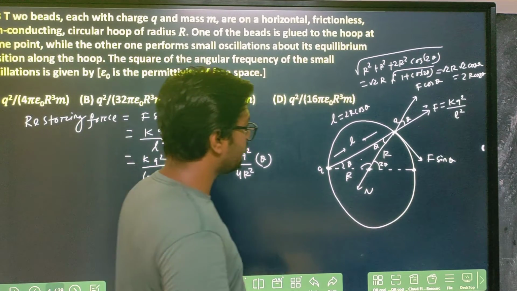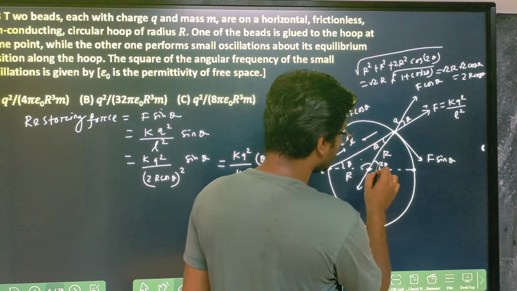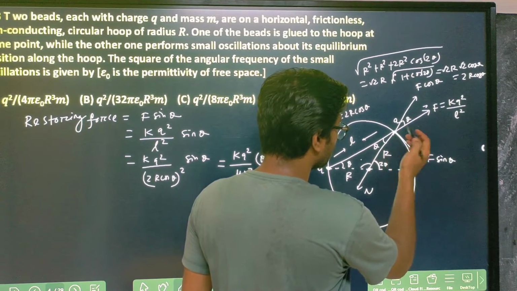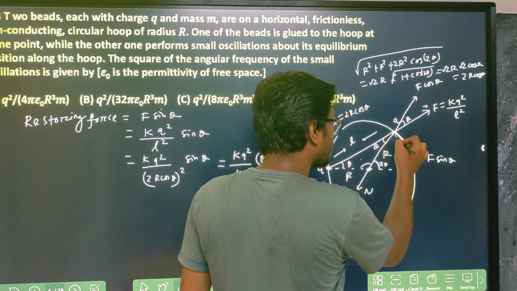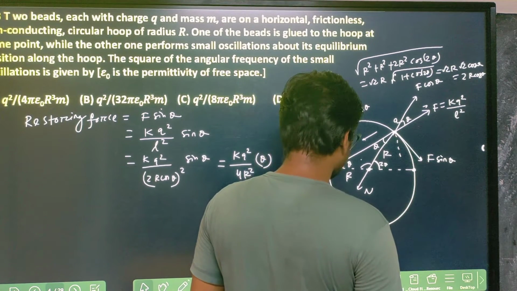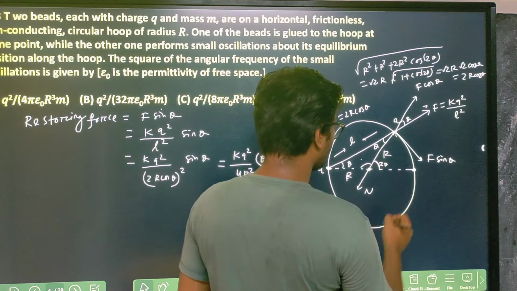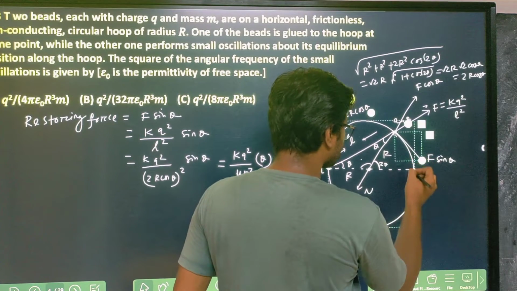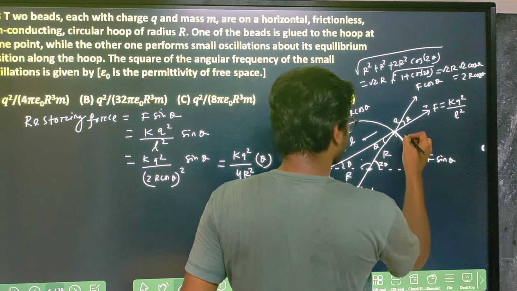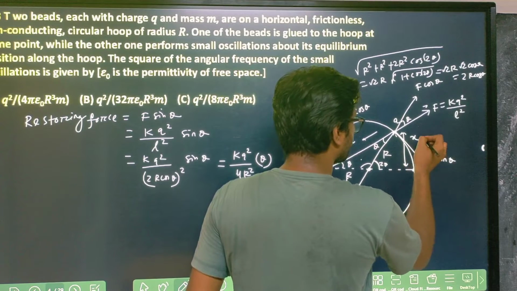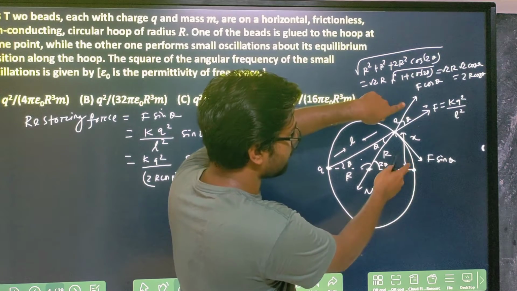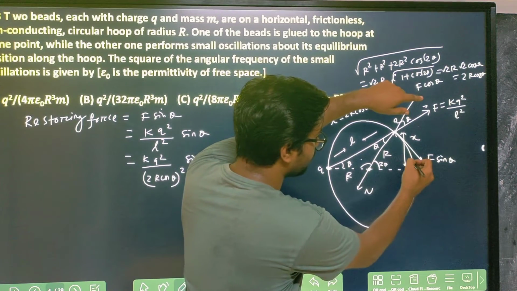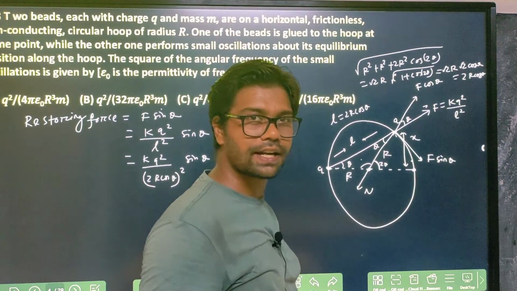If you find out the theta value, 2 theta, I am telling you this length will be very small, so it will behave like a straight line. That means this is very small, right? So this length I am taking as x, and this length I am taking as x here, because it will be very small. I am showing it as very big, like an arc, but it will be somewhere here maybe. It will form like a very straight line, right?